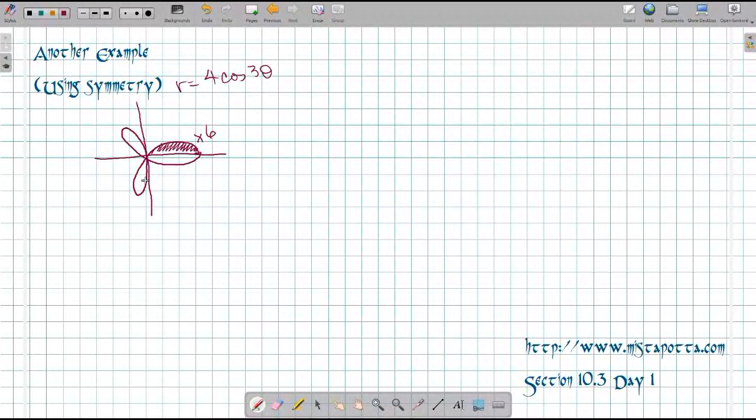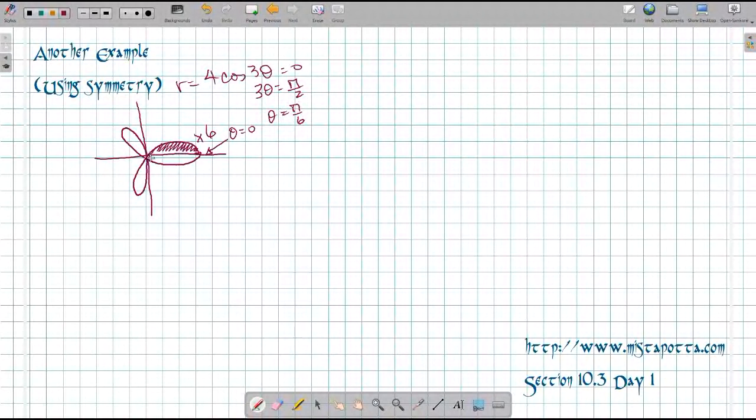So I know that I'm always starting here at theta equals 0. And I also know that r is going to be equal to 0, in other words, my radius is going to be equal to 0 when 3 theta equals pi over 2, or when theta equals pi over 6.